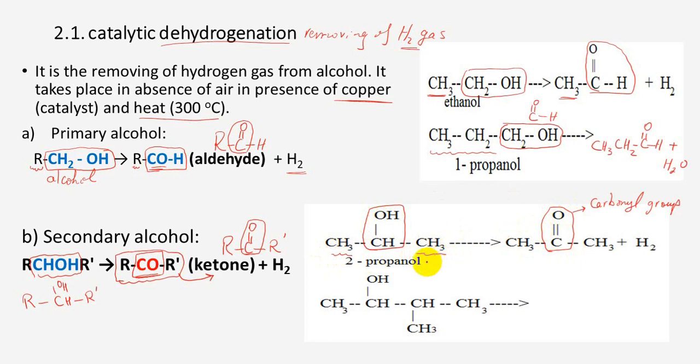We don't change the position of the carbon atoms. The carbon atoms remain in the same position with the same number of hydrogen. We don't change the number of hydrogen atoms. Every carbon has CH3, so in the product each carbon will have CH3.